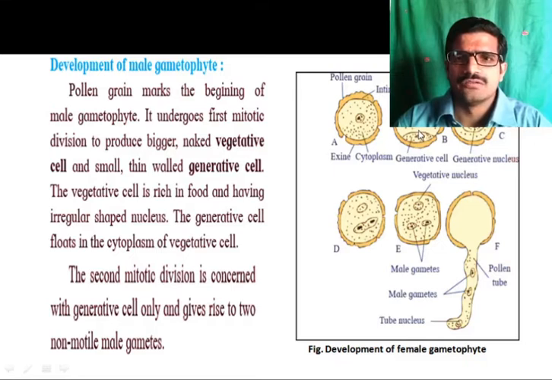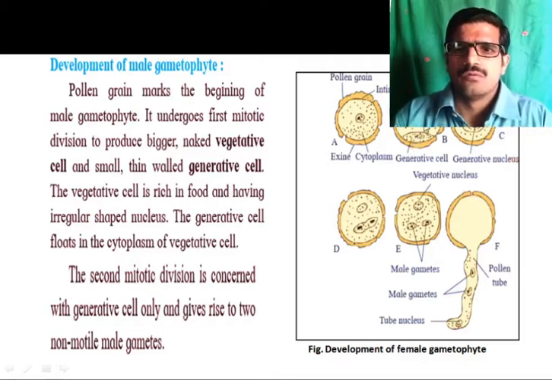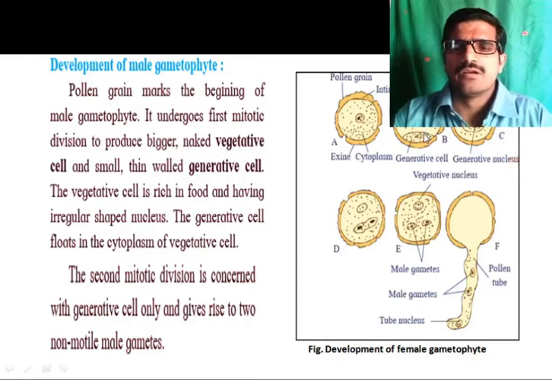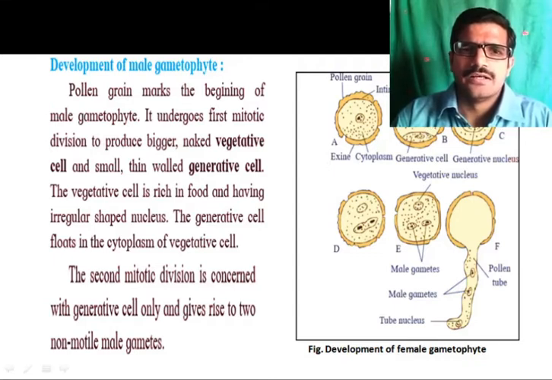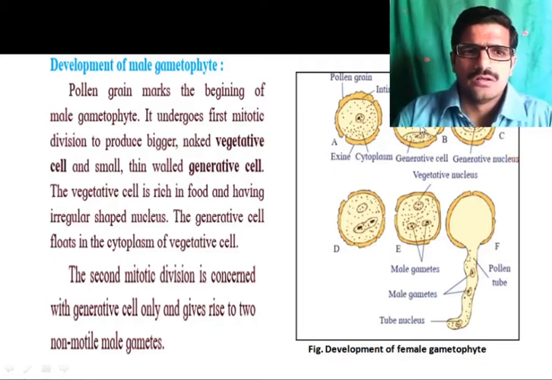So this 2-cell stage is present in the pollen sac. After pollination, when the pollen grain germinates on the wall of the stigma, then other development takes place on the wall of the stigma. At this 2-cell stage, the vegetative cell is rich in food and has an irregular-shaped nucleus.